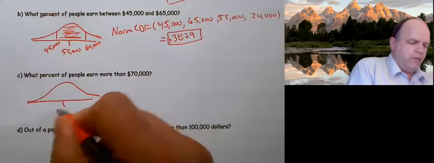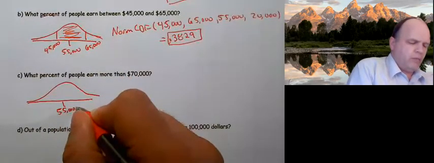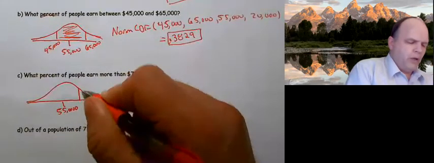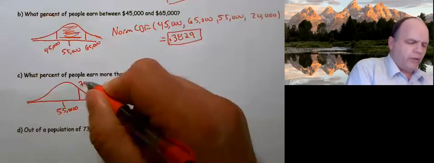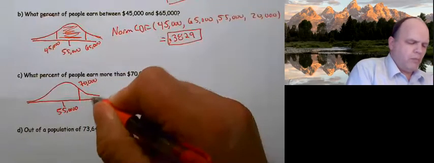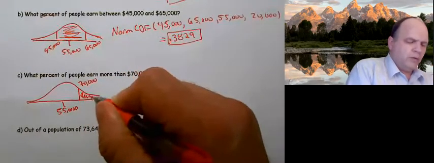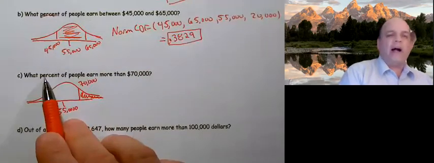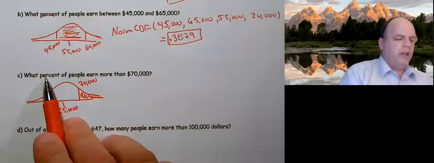Well, our mean is 55,000. This right here is 70,000. And they're asking for an area, a percent, or a probability.